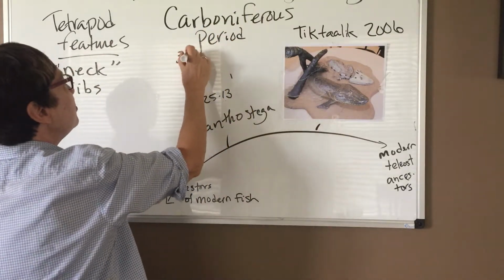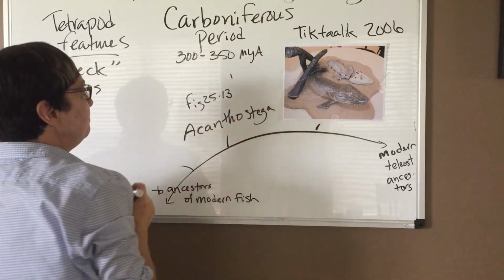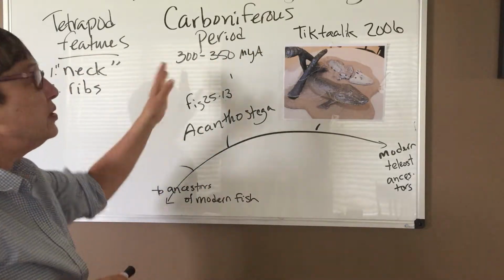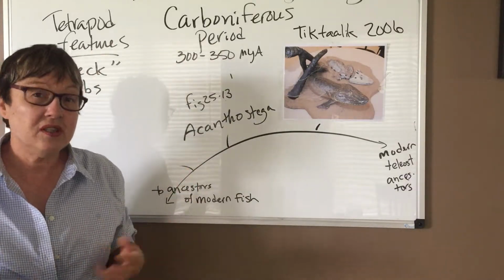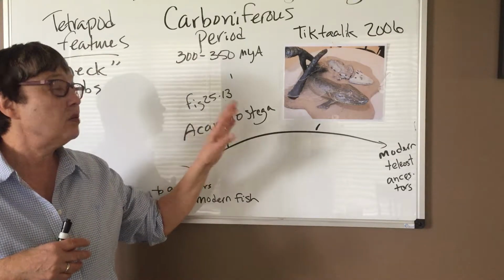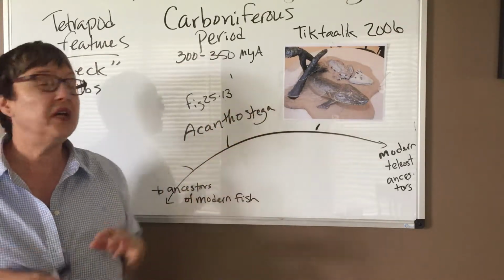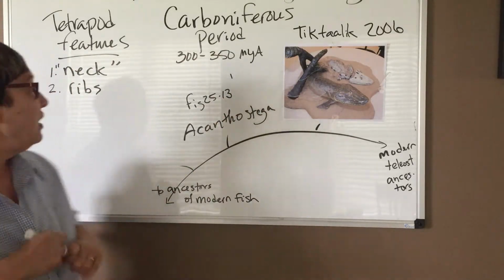And this was about 300 to 350 million years ago. During this period, there were very lush forests and swamps present, and so it's likely that there were a lot of shallow water areas that this guy could live in.